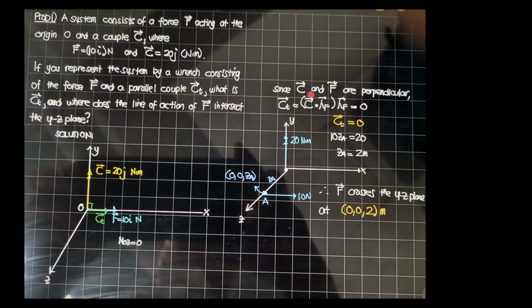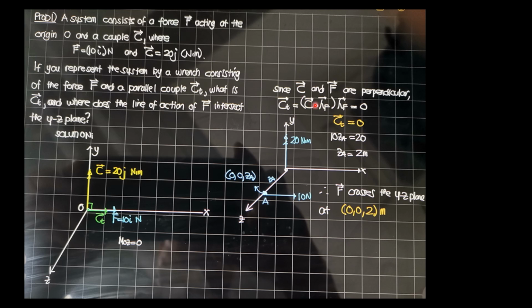So since C and F are perpendicular, C sub T, which is defined by this equation, by the way, let us interpret this dot product first. Vector C, or the resultant couple, dotted with the unit vector of F, is the magnitude of C sub T. This is a scalar value.